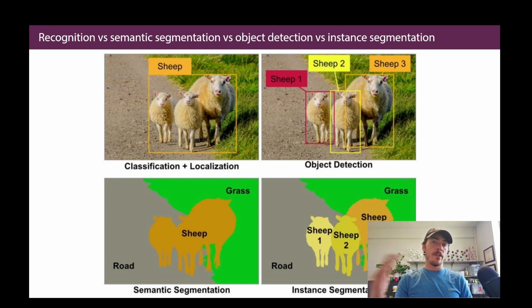We can go a bit further than that, though. We can do object detection, where now it draws bounding boxes around each of the individual three sheep, because it's learned that these are actually three instances of the same type of thing, right? But it's still just drawing bounding boxes around them. If you actually wanted to go pixel by pixel through this and say, this here is sheep, this here is road, this here is grass, now you're talking about semantic segmentation, and that's in the bottom left.